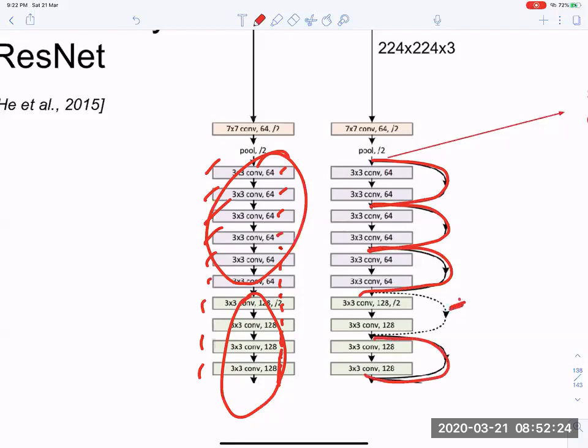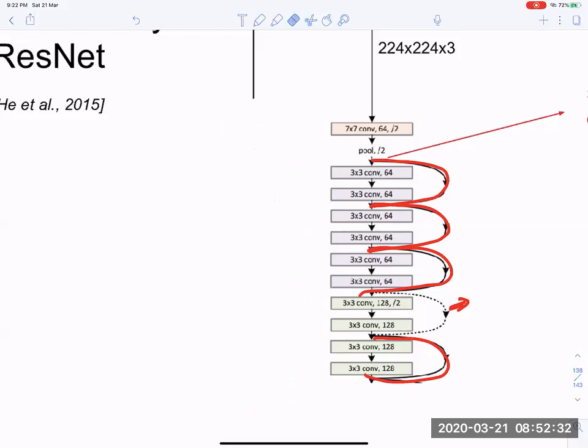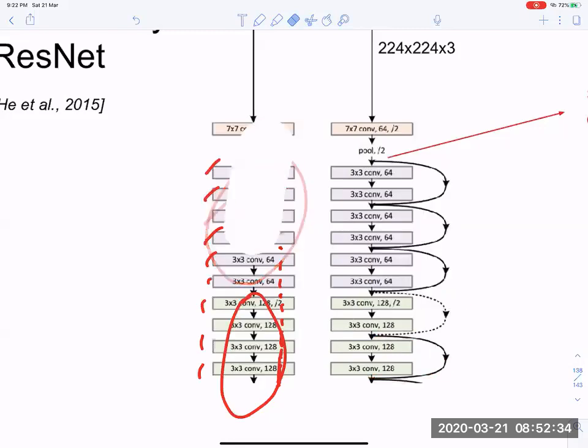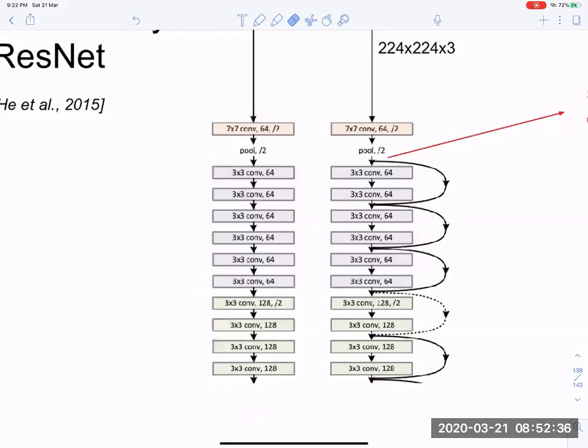I will talk about these dotted connections, but now you can see that these connections are called residual connections. And these residual connections are not only making our network deeper, because deeper networks can learn, but if they are not able to learn, at least they are not going to decrease the performance. Why?